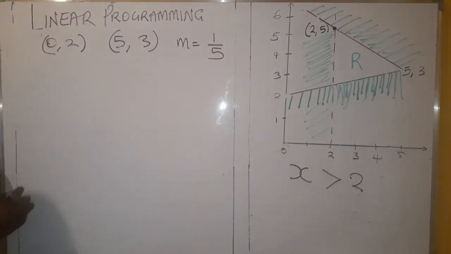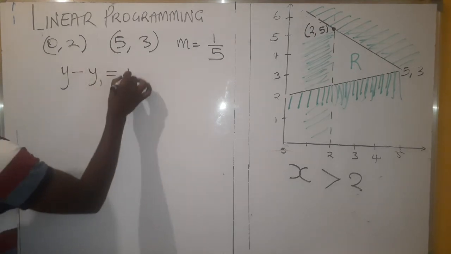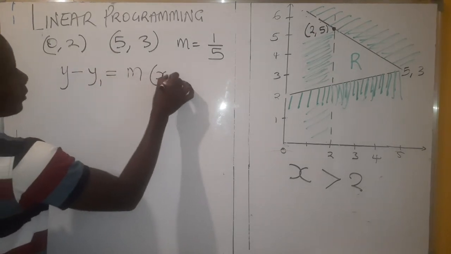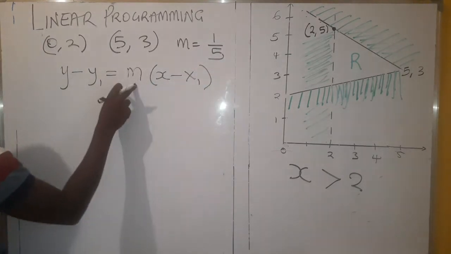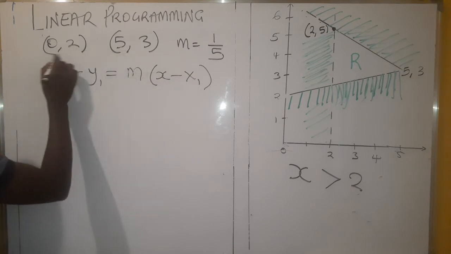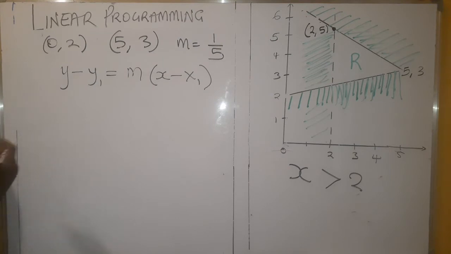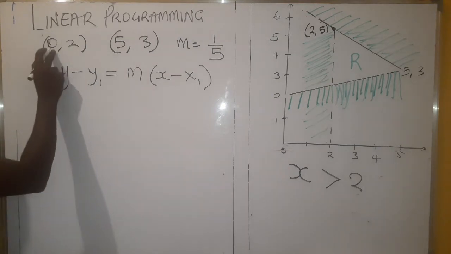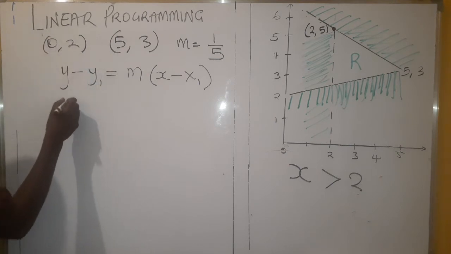Then we write now the equation. I said our gradient is 1 over 5. Then for x1 and y1, you can pick any of these points. If you've got a point that has one coordinate 0, it's better you use it because it will simplify your work. So we go with 0 as our x1, and 2 as our y1.